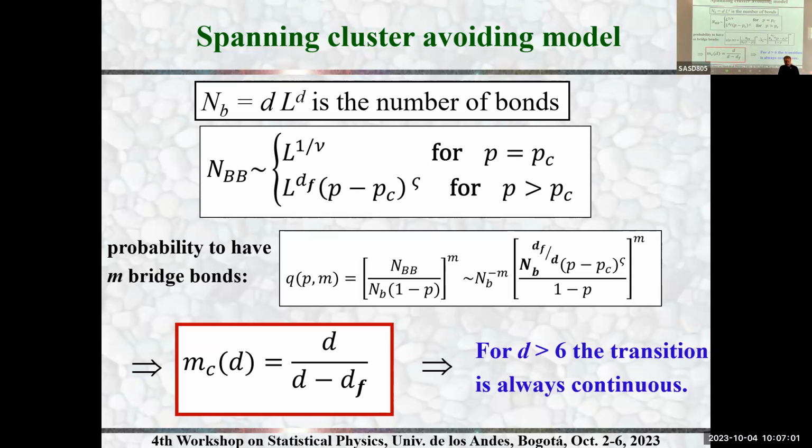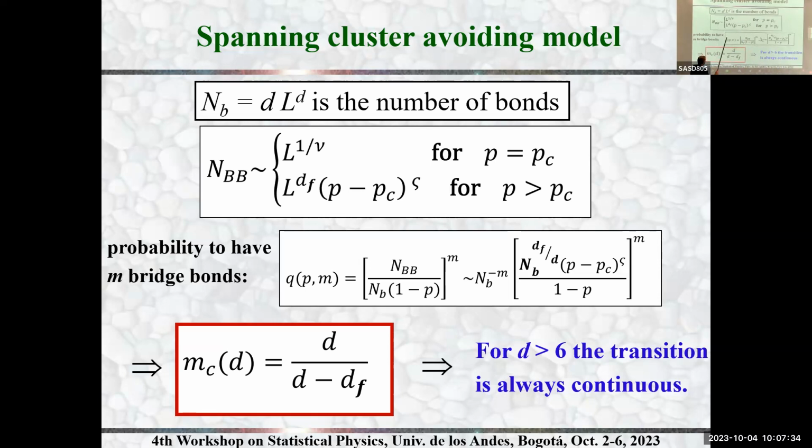So the criterion for percolation is now that this probability times the volume be 1. So you have to multiply still by NB, which is the volume, which goes like L to the D. I mean, this D is because we have now bond percolation. So for every site there are D bonds.